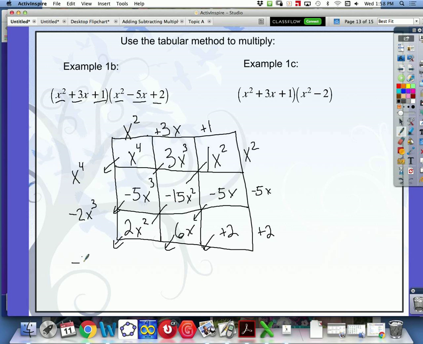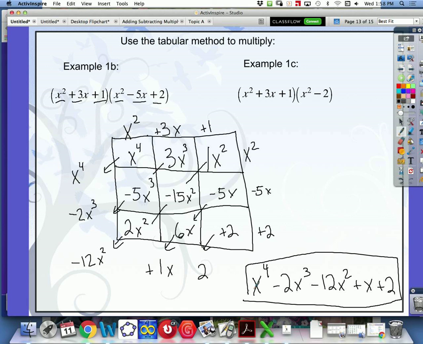Plus 2 more is negative 12x squared. Negative 5 plus 6 is positive 1x. And then a 2 at the end. So our final answer, even though it's huge, is x to the 4th minus 2x cubed minus 12x squared plus x plus 2.